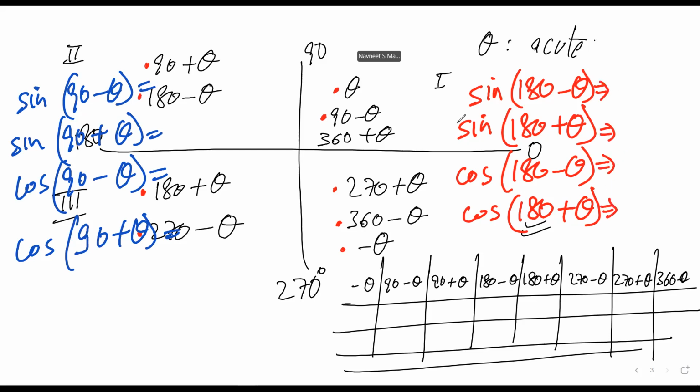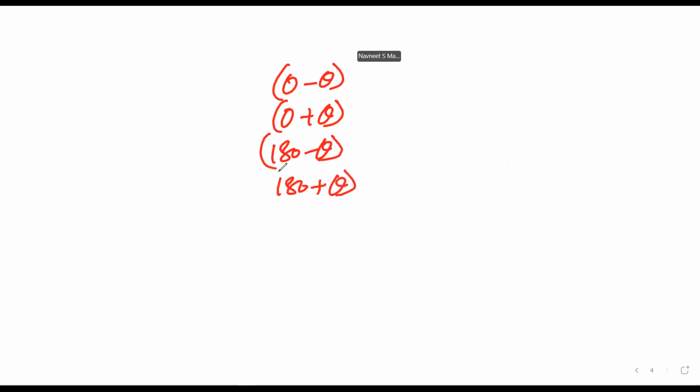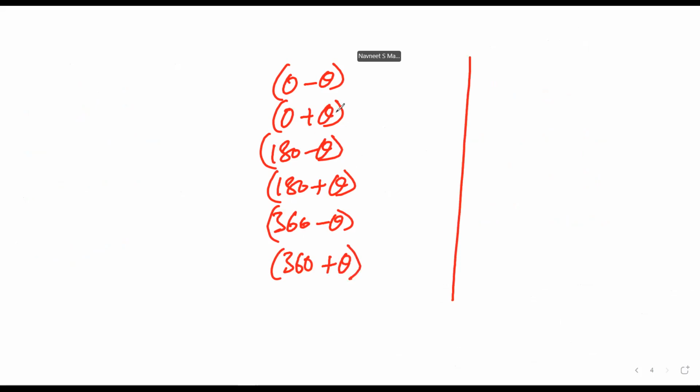So sine 180 minus theta. Whenever they ask you anything regarding these values, say 0 minus theta, or 0 plus theta, or 180 minus theta, or 180 plus theta, or 360 minus theta, or 360 plus theta, whenever these kind of identities are asked, say for sine, cos, tan, cosecant, secant, cot, it hardly matters.